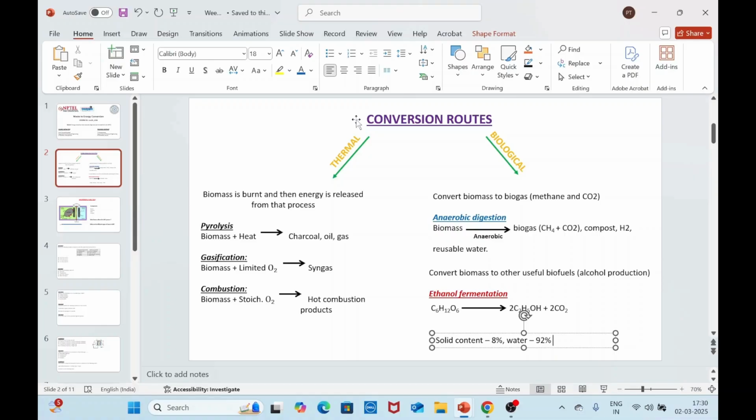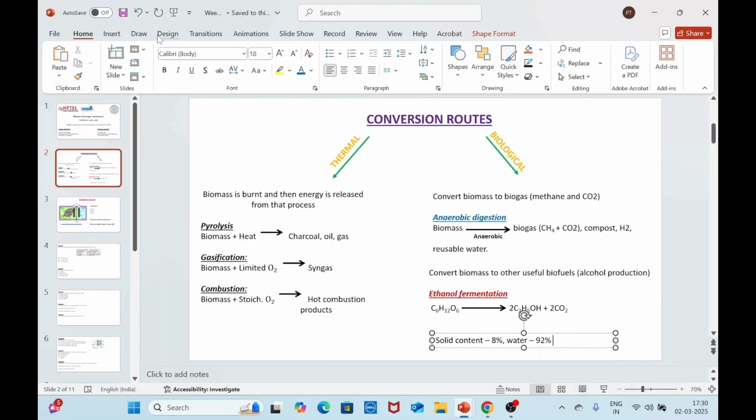That is energy inefficient, because the amount of energy that you give into the system is going to increase. So that is the reason, as somebody rightly said, that for thermal conversion routes we prefer a sample with more solid content, or basically a sample having very little moisture in the system.